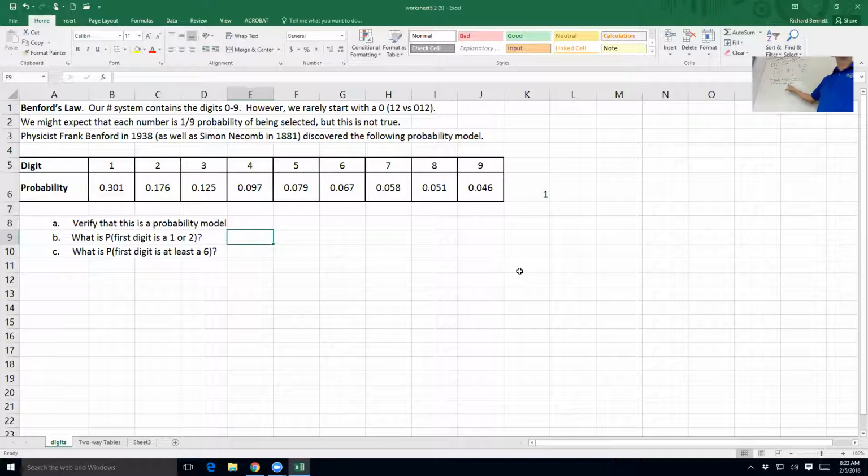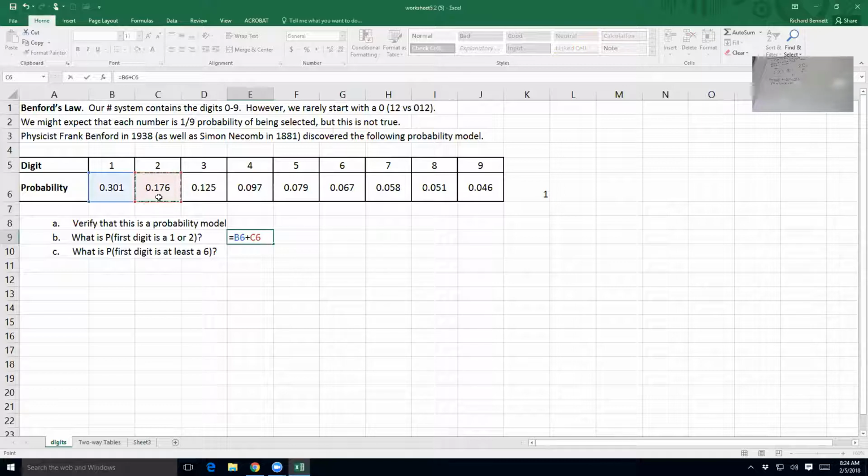So what am I adding? I only want the ones and the twos. So what's the probability of a 1? It's right there. 0.301. And then I'm going to add the probability of a 2, which is 0.176.